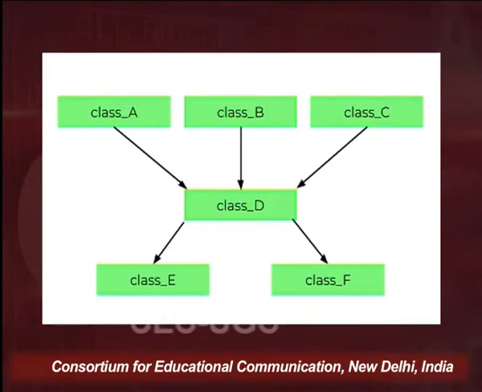Single inheritance is there when a single base class is being inherited by a single derived class. Here the base classes are multiple, so multiple inheritance is there. And now if we see that class C is being inherited by class D, and class D in turn is being inherited by class F, what is this giving us an impression of?